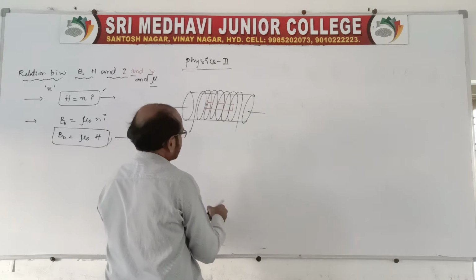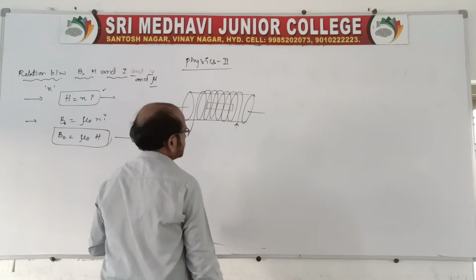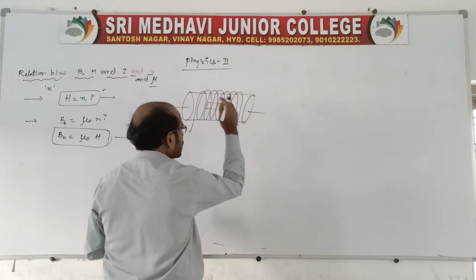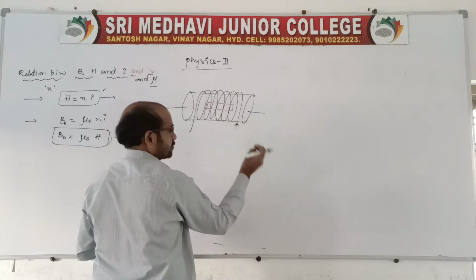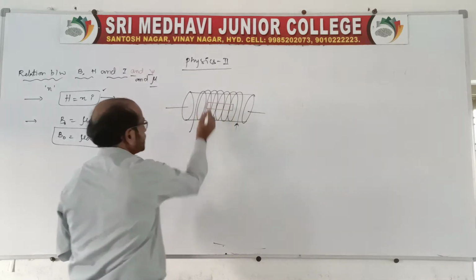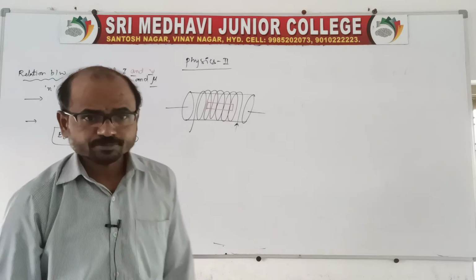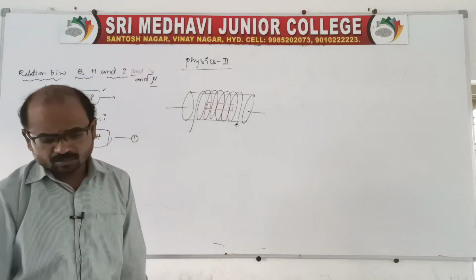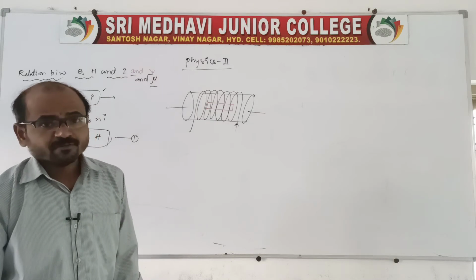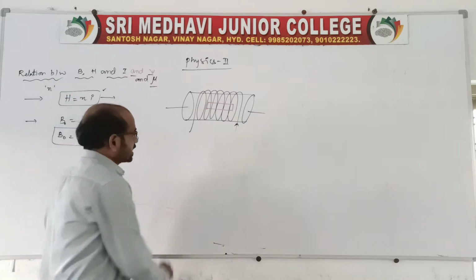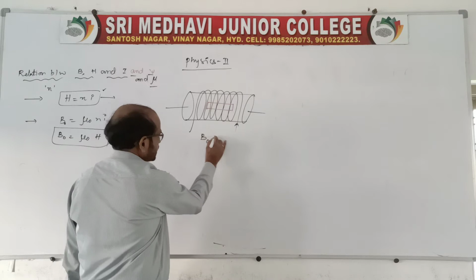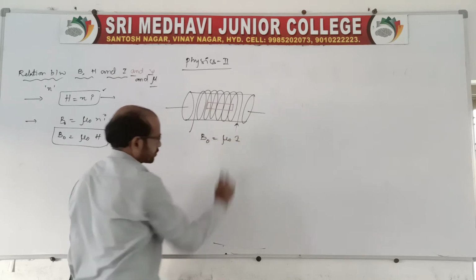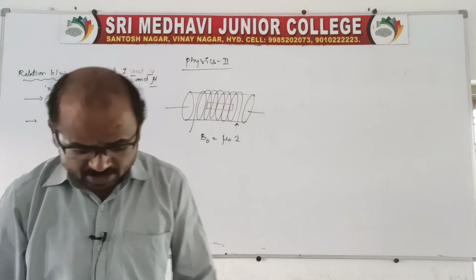When there is a current flowing through each and every coil, that coil produces a magnetic field, and those lines pass through the given bar. The magnetic substance acquires a magnetic moment, which is the intensity of magnetization, according to which B naught is equal to mu naught into I. So this is the induced field.